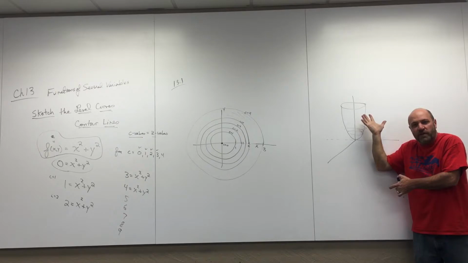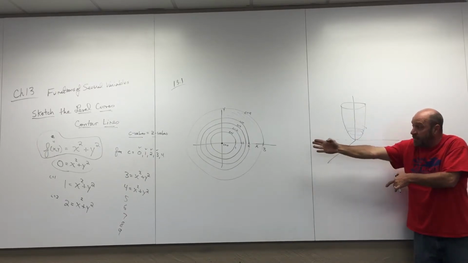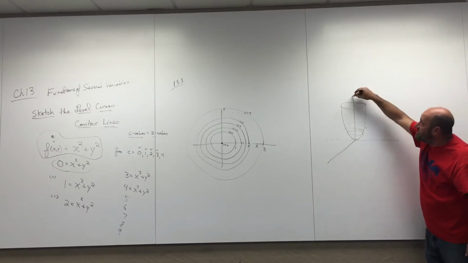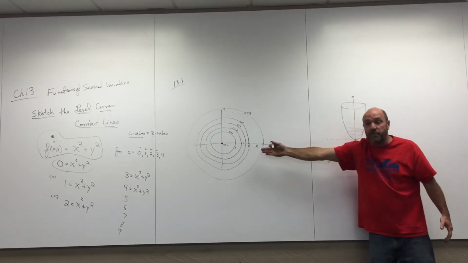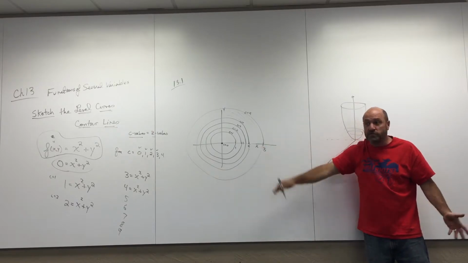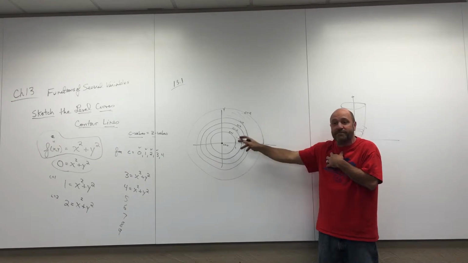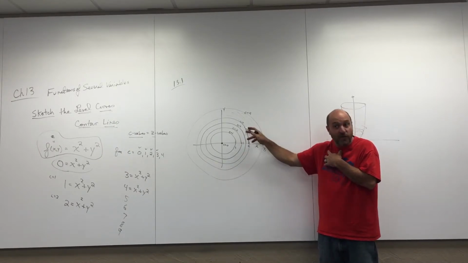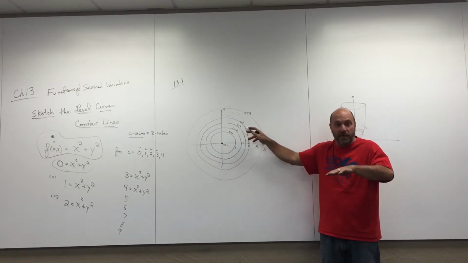That's not what we do. We draw these contour lines in the xy plane like I did. So it's like you put your eyes up here and you look down and you see that picture. You see all these circles. But these little labels help. They help give you some height. These c values are z values, or what I'd like to call height above the xy plane.